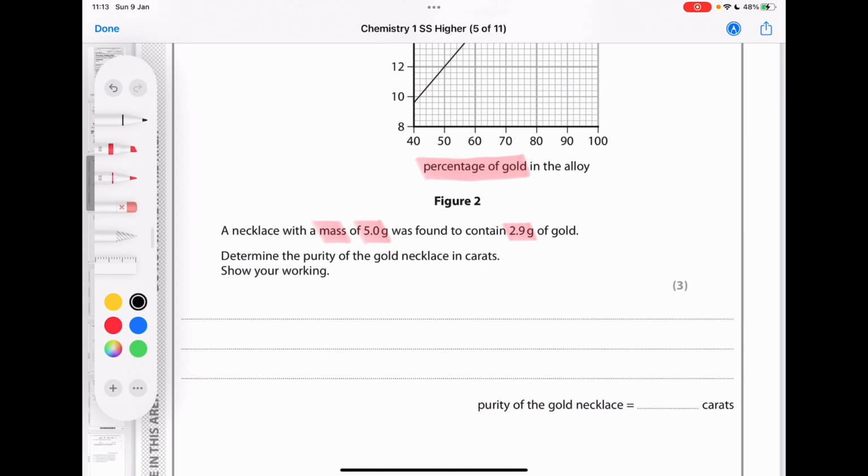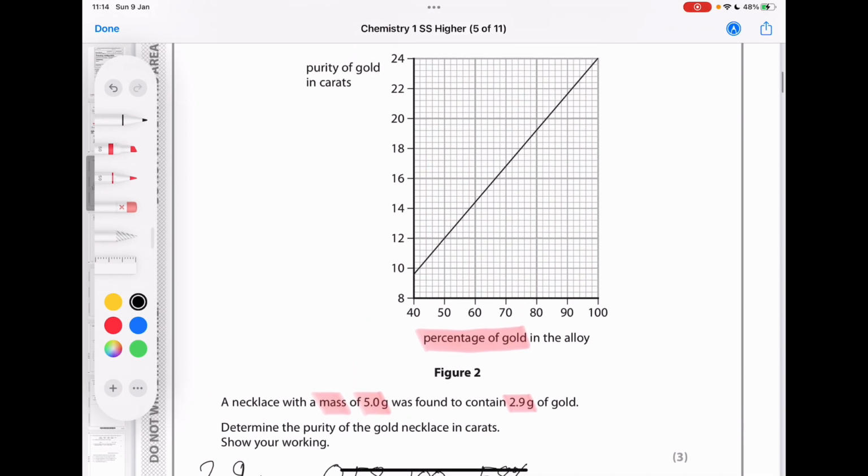So I should have done my 2.9 grams of gold divided by the 5 grams of the necklace, and that gives me a number of 0.58, multiplied by 100 to get a percentage gives me 58%.